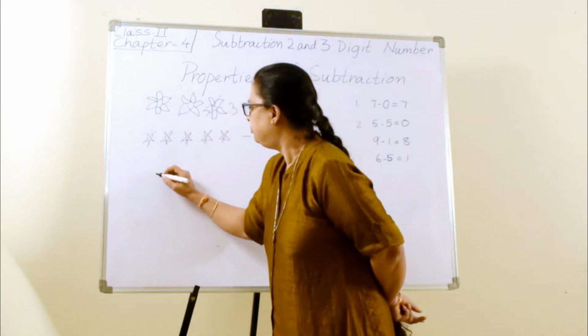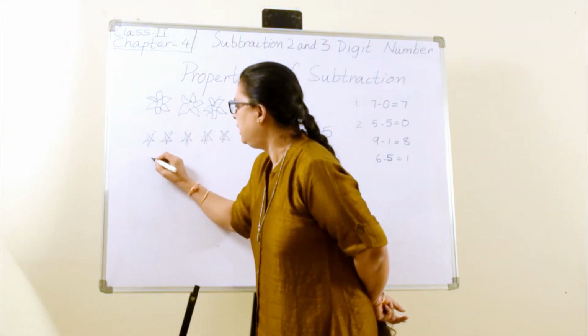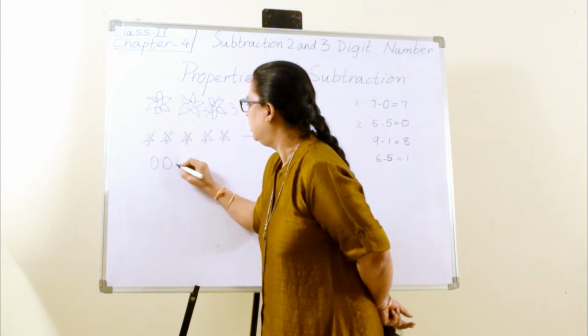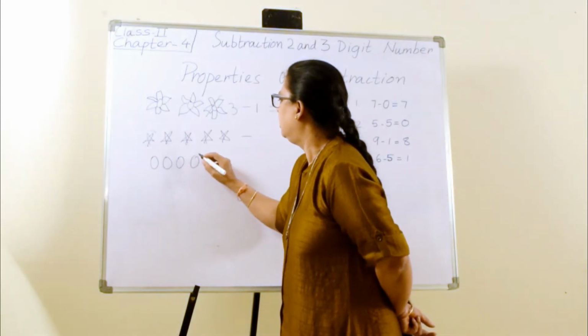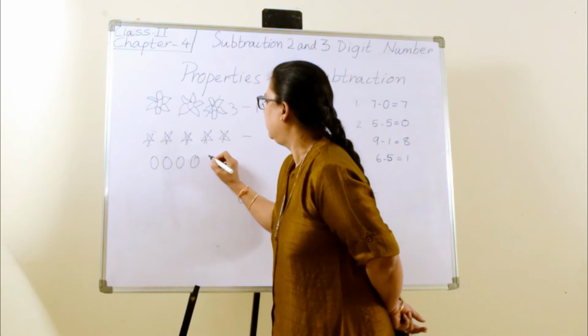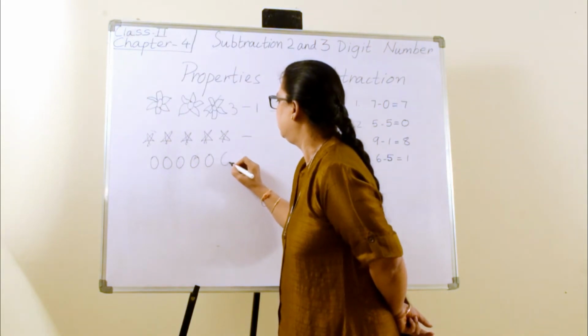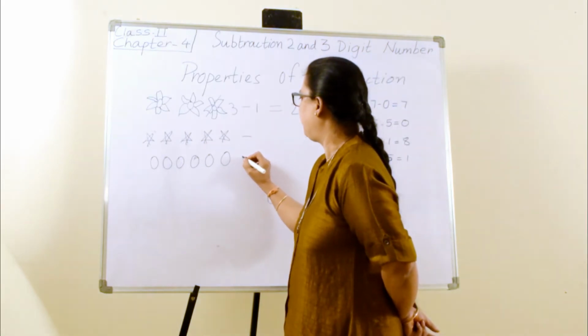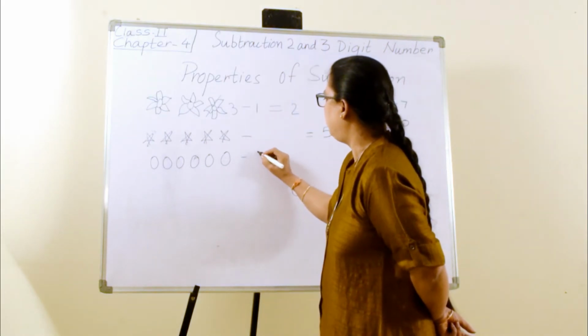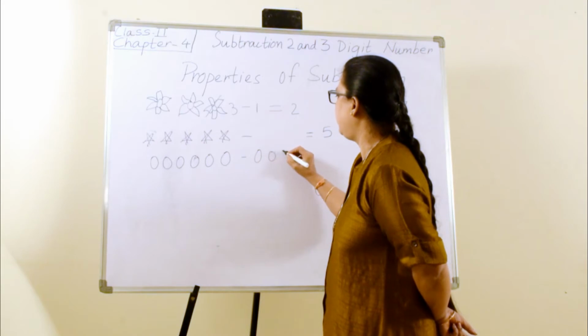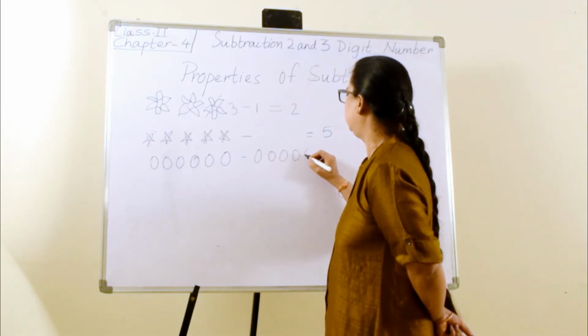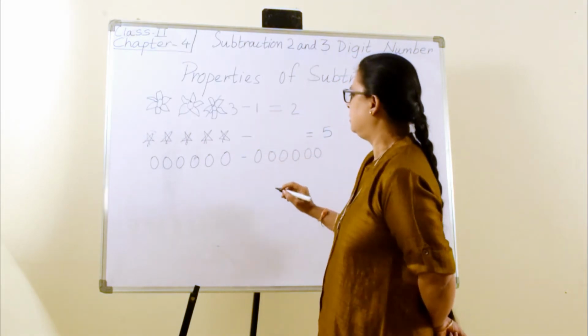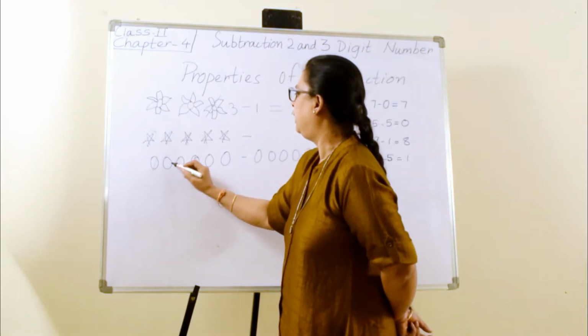For example, let's take 1, 2, 3, 4, 5, 6. Right? From 6, I am again subtracting the same number, 6. So how do I do it?